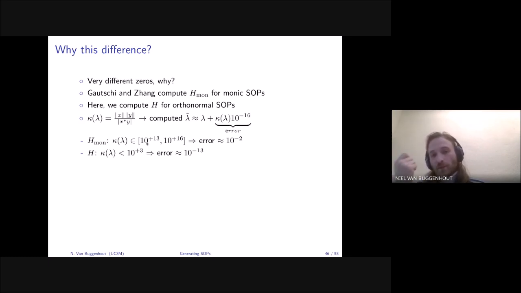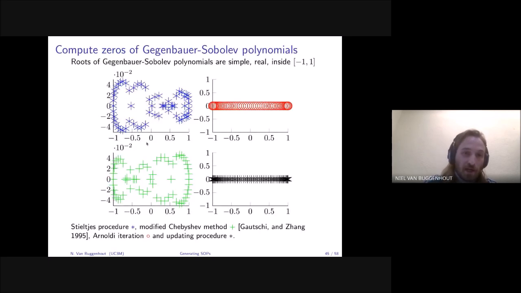So this implies that we expect an error of 10 to the minus 2 on our computed eigenvalues of this monic Hessenberg matrix, which corresponds, as you see on the left, with the size of the deviation into the complex plane.